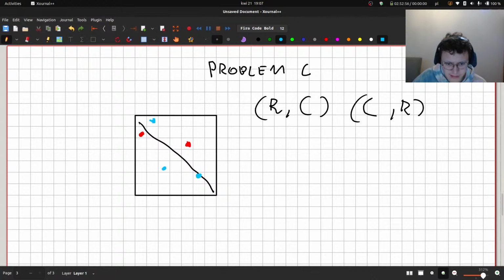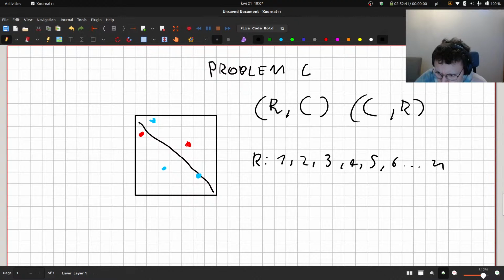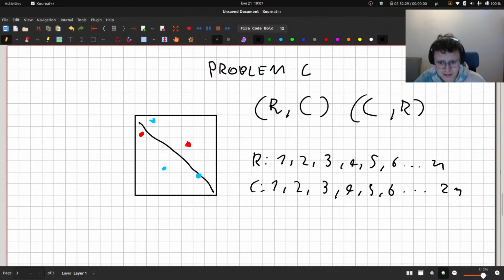So basically, the observation is that at the beginning we have some available rows and columns. Let's say in the beginning we have all rows available. We can put anything on those rows up to n. And we have every column available. What our operation does: if we pick something with the same row and column, we are just deleting this row and this column, right?